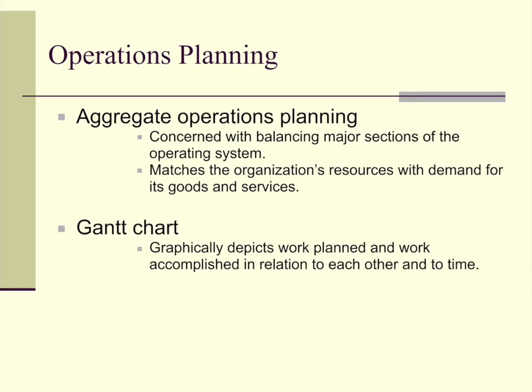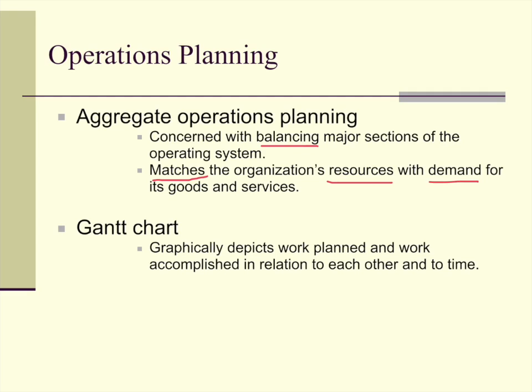Okay, operating planning. What is operation planning? Operation planning is concerned with balancing major sections of the operating system, matching the organization's resources with demand. So it is talking about resource and demand.